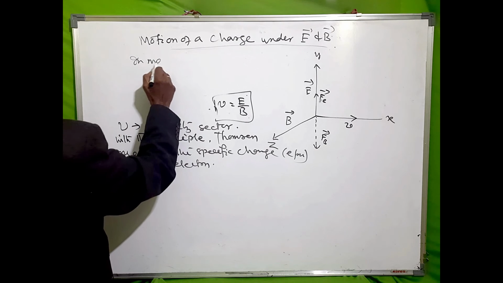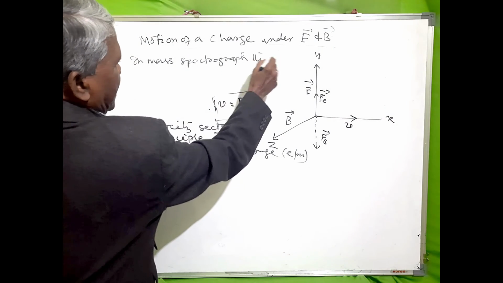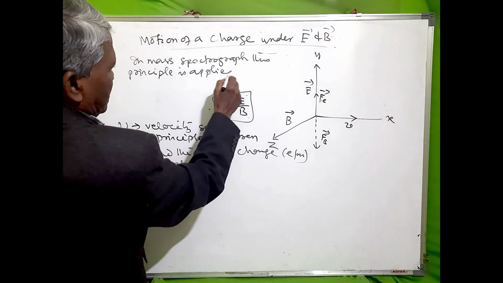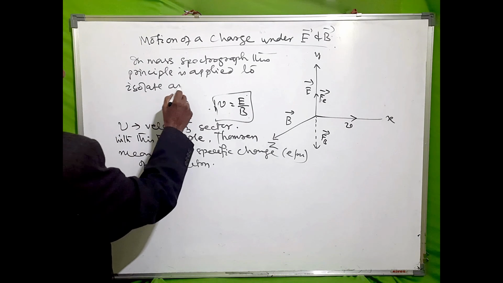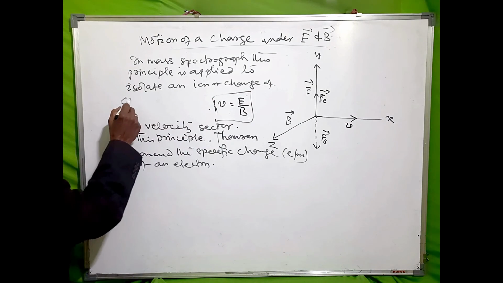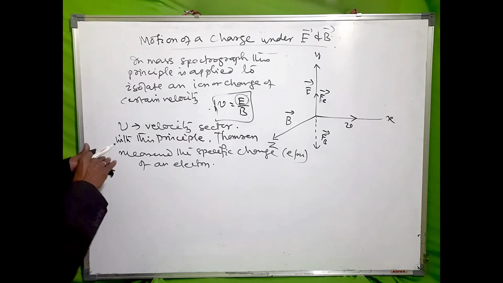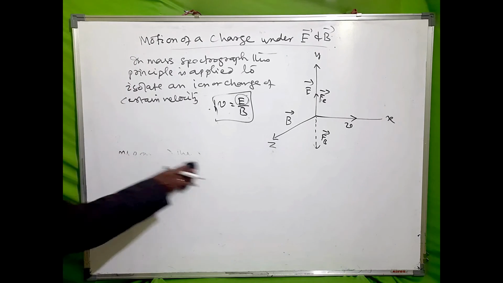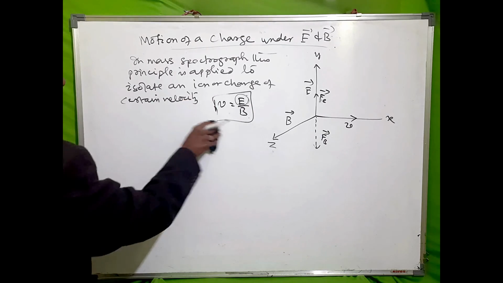In mass spectrograph, this principle is applied to discriminate or isolate an ion or charge of certain velocity just by changing the value of E. Suppose there are a number of particles moving at different velocities, because it depends upon the mass and effect of the fields.